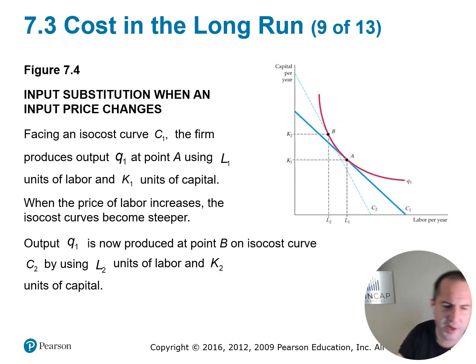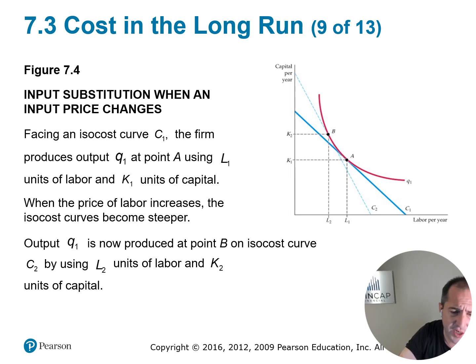Input substitution when an input price changes. Let's say you're a restaurant making chicken and rice, chicken gets expensive, you switch to steak, right? Facing an isocost curve C1, the firm produces output Q1 at point A using L1 units of labor and K1 of capital.